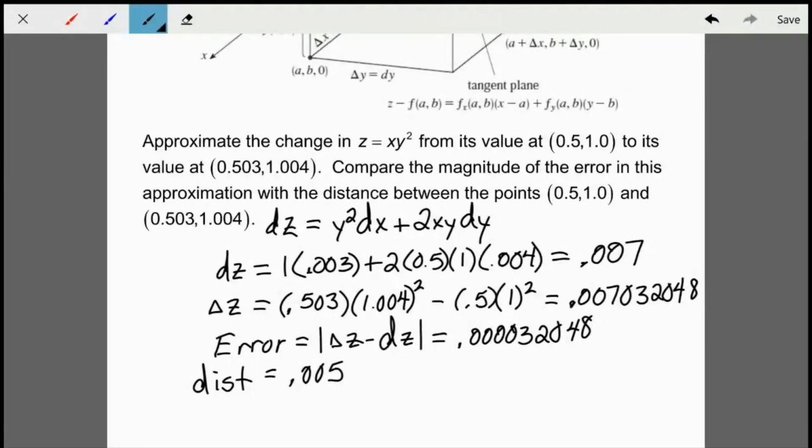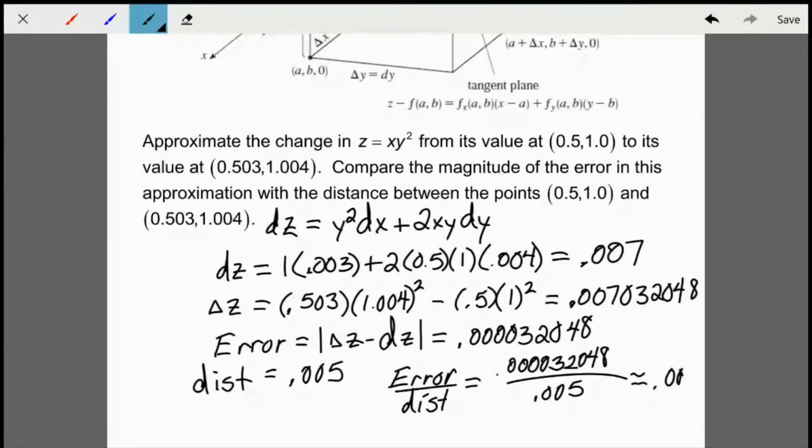So if I compare my error to that distance, I'll just do the error over the distance. So my error over the distance is that 0.000032048 divided by my distance of 0.005 is about 0.0064.